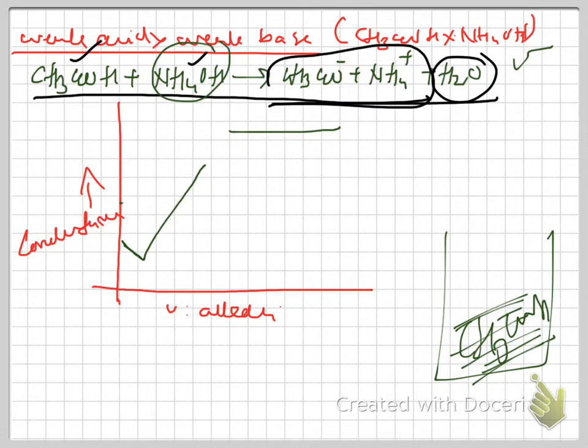How to explain this phenomenon? When ammonium hydroxide is added to acetic acid, ammonium acetate, a strong electrolyte, is formed. This acetate ion develops a common ion effect on acetic acid, which you have studied in analytical chemistry.